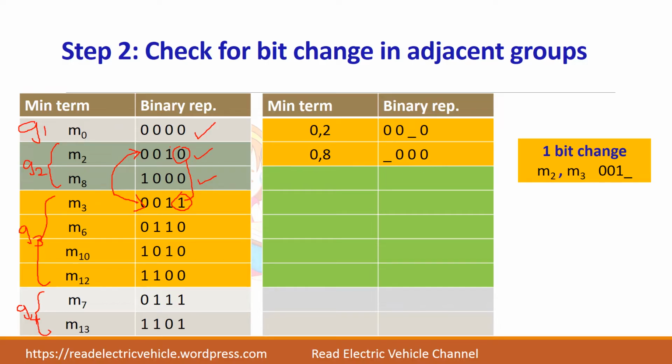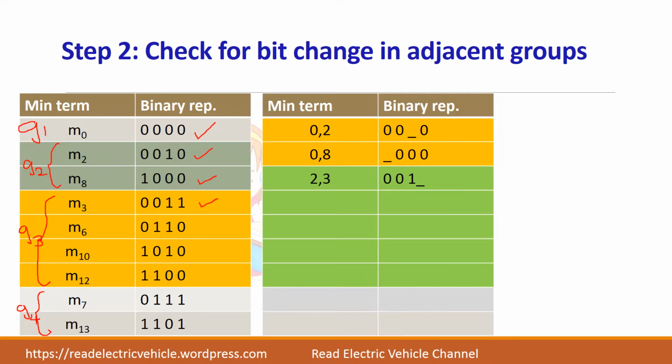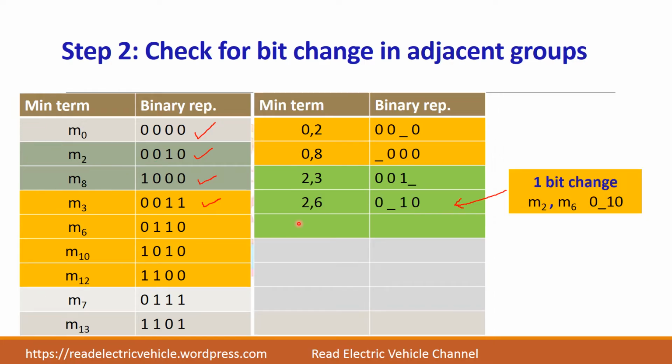M2, M3, you can mark it in the table directly. Again, M2 and M6, one bit change is there. So mark it. We have marked it. So put a tick mark immediately.